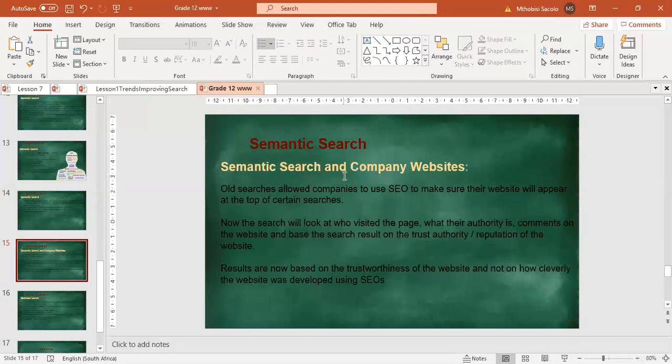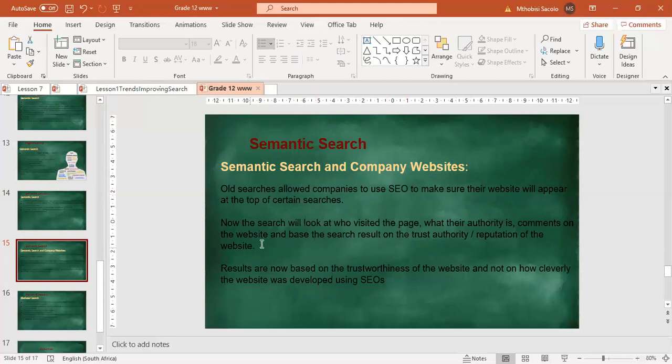Semantic search and company websites. Semantic searches allow companies to use SEO, search engine optimization, to make sure their website will appear at the top of a certain search.